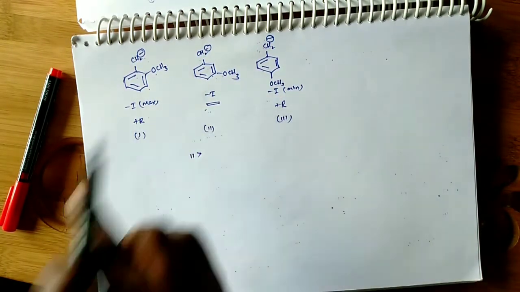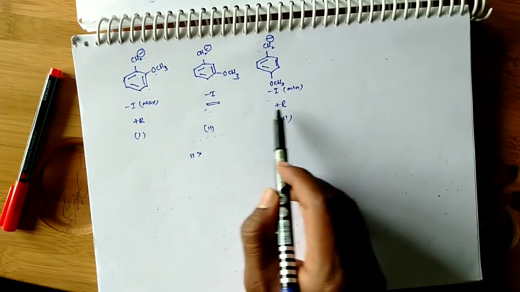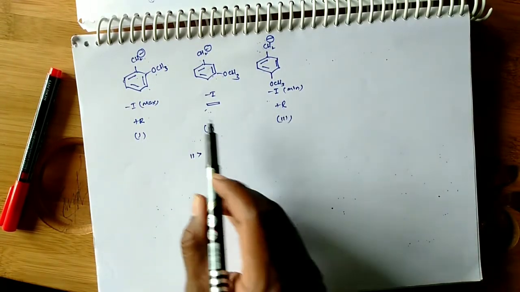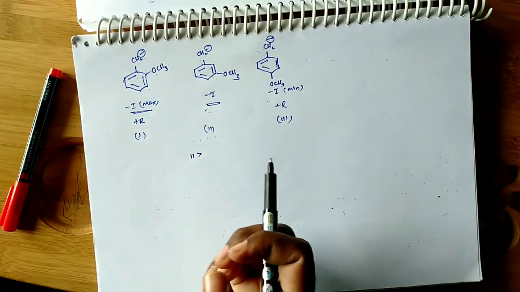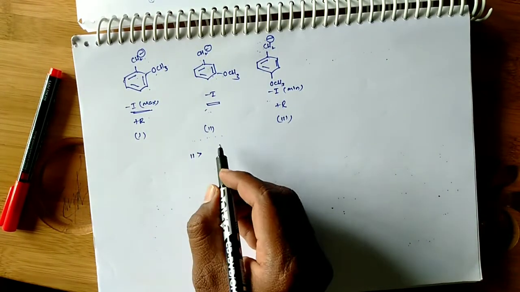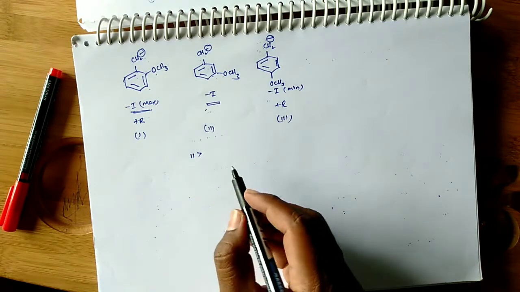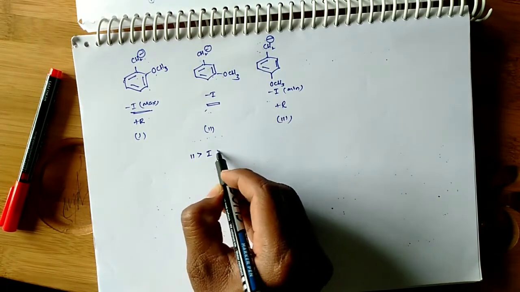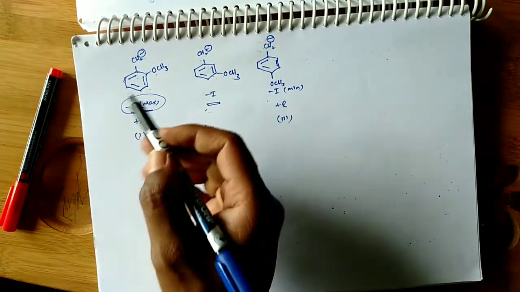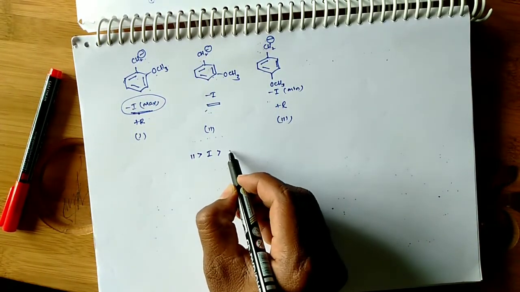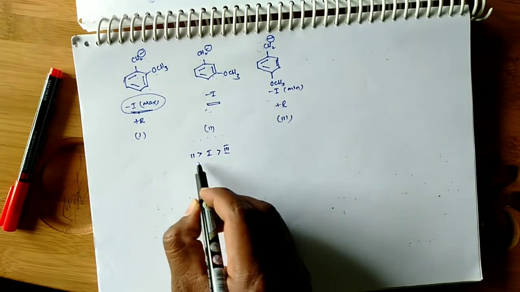Now compare these two. Here resonance, here resonance, in both cases resonance, but here the inductive effect is maximum, it is withdrawing the electrons. So the first one, because of maximum minus I effect, it is withdrawing electrons and stabilizing the molecule, and finally the third one.